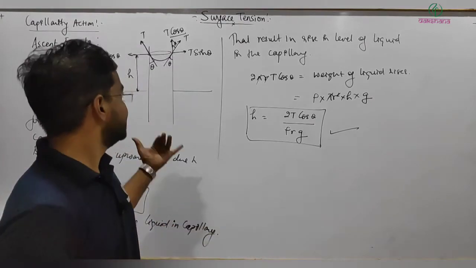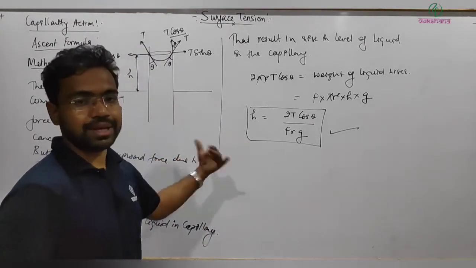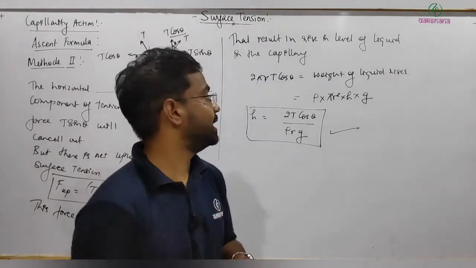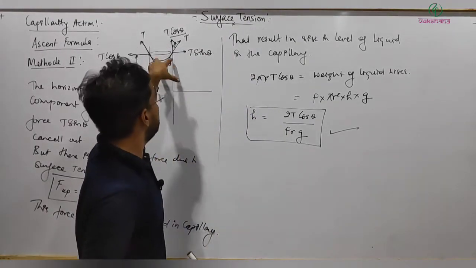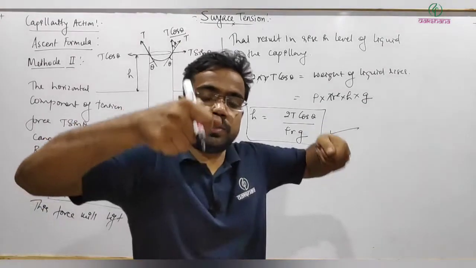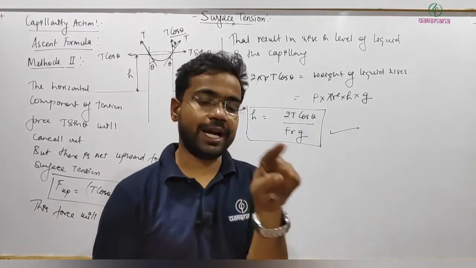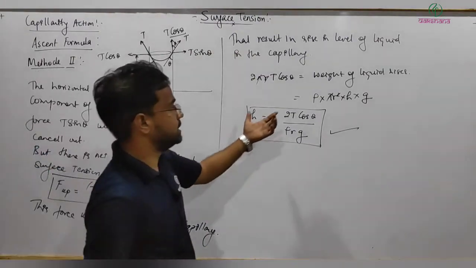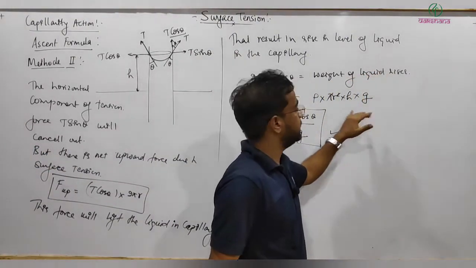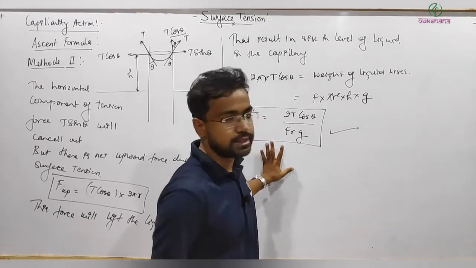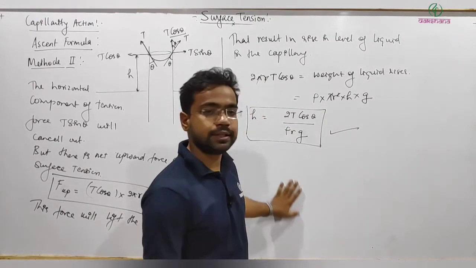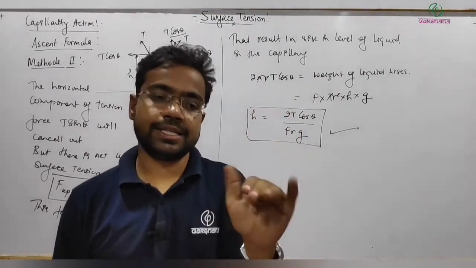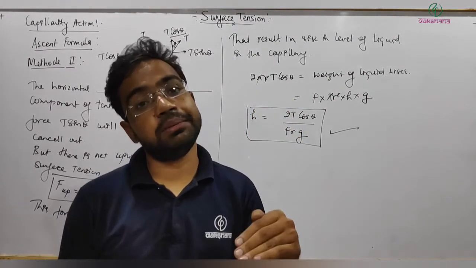So you can see it is the same thing, looked at from different points of view. One way is that the upward component of tension force, T cos theta multiplied by 2 pi r, is lifting some liquid, balanced equal to the weight of liquid lifted, and this gives h. Another way is that on the concave side pressure will be excess and on the convex side pressure will be low.